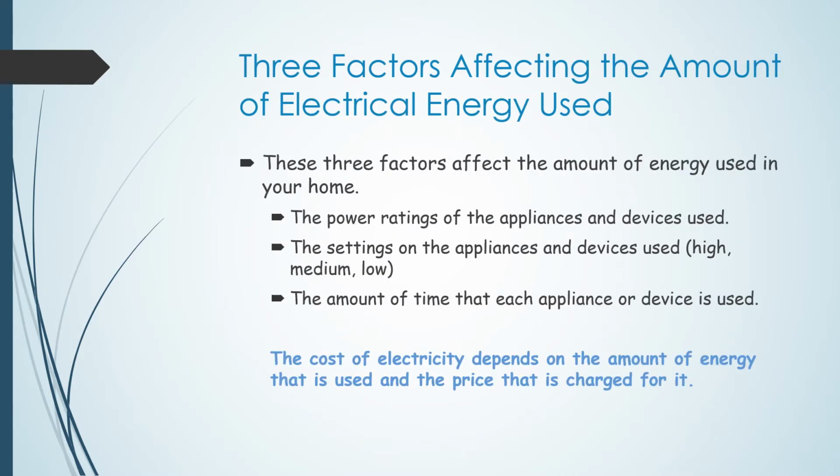There are three factors affecting the amount of electrical energy used. These three factors affect the amount of energy used in your home: the power ratings of the appliances and devices used, the settings on the appliances and devices used (high, medium, and low), and the amount of time that each appliance or device is used.